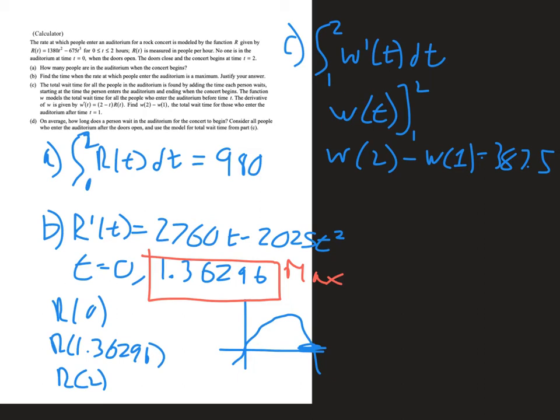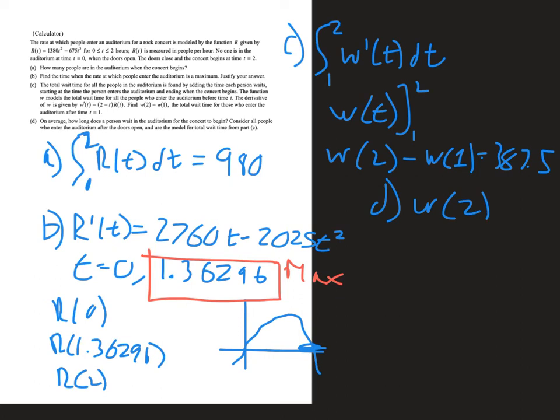And here's where maybe the explanation for part C is a little bit helpful, because W of t represents the total wait time. So if we found W of 2, that would be the total wait time for everybody.